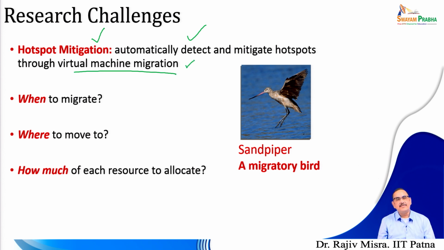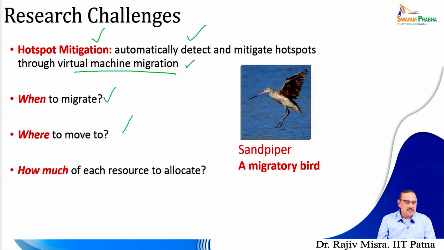Virtual machine migration is the key technology, but automatically detecting and mitigating the hotspot becomes a really difficult problem, as we have seen in the previous slides, an NP hard problem. Now, virtual machine migration in hotspot mitigation requires answering three different questions. Where to migrate, meaning which physical machine is available to accommodate that virtual machine from the physical machine which has become the hotspot.